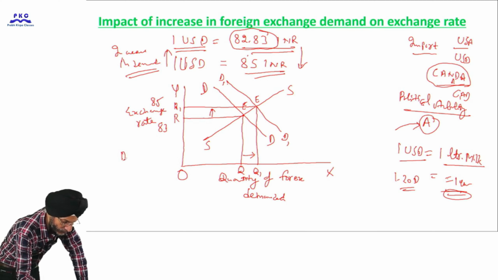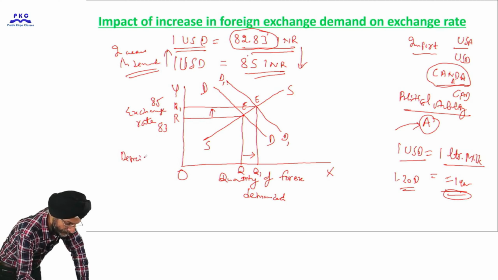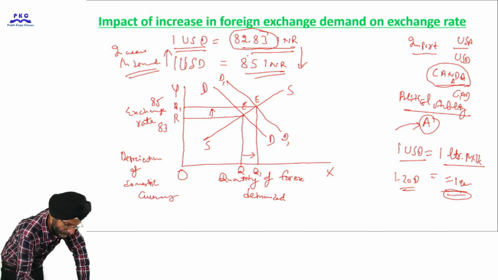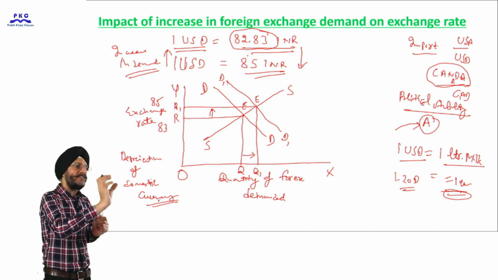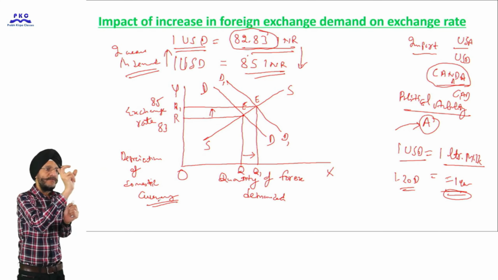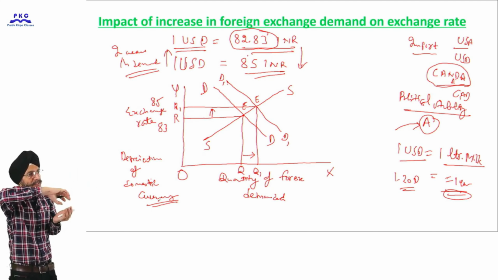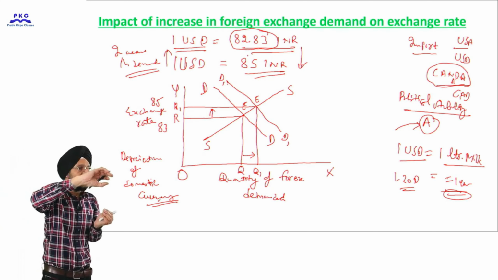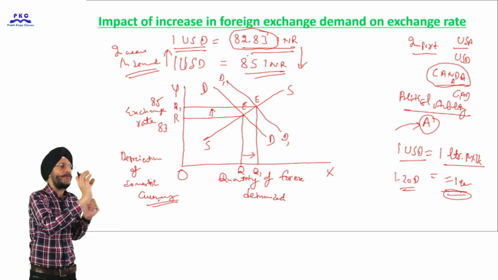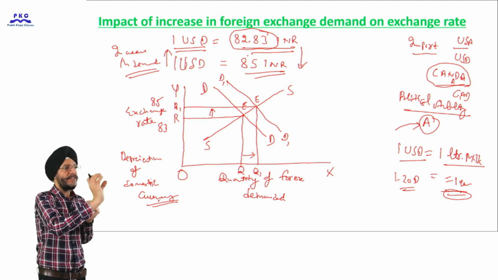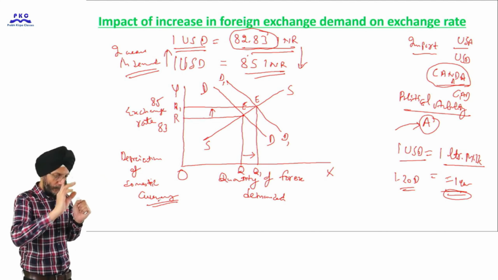It is depreciation of domestic currency, because to get 1 US dollar, we were earlier paying only 83 rupees. Now, as the demand of US dollar has increased, we have to pay 85 rupees. On the other hand, the value of foreign currency has increased. There is appreciation of foreign currency.